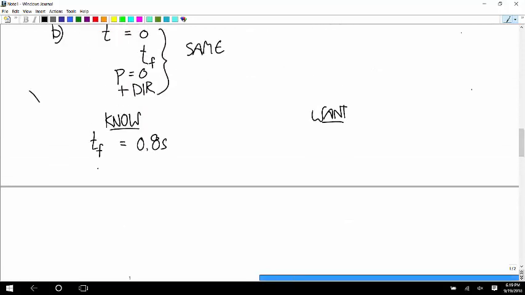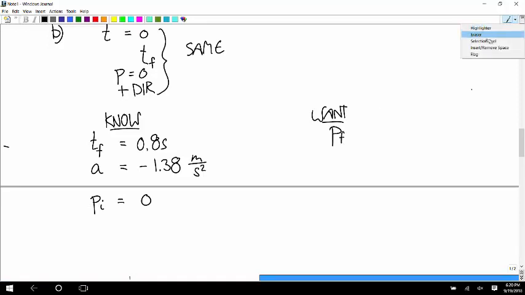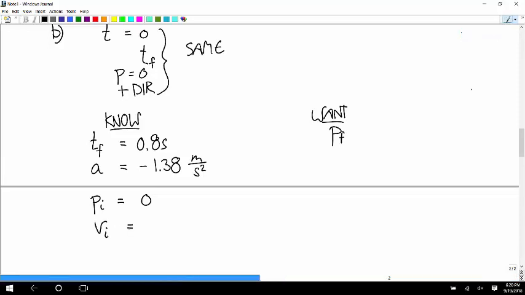From part A, we learned that the acceleration is negative 1.38 meters per second squared. Our initial position is 0. Our final position is what we're trying to find. Our initial velocity is 1.78 meters per second, and our final velocity is 0.67 meters per second.